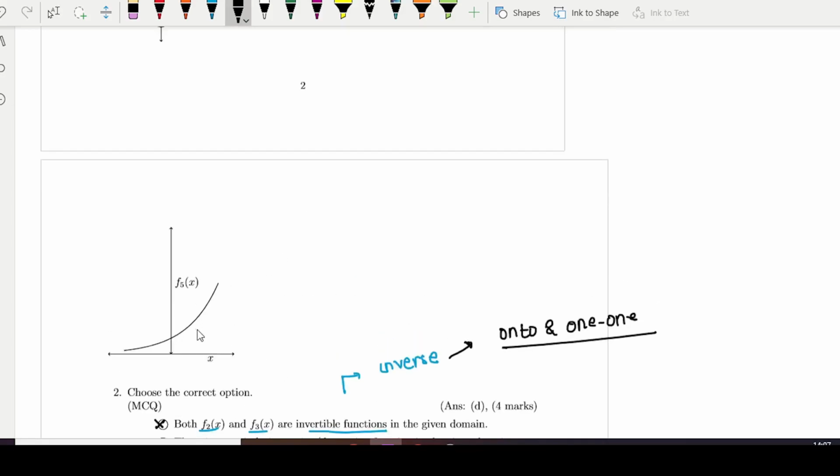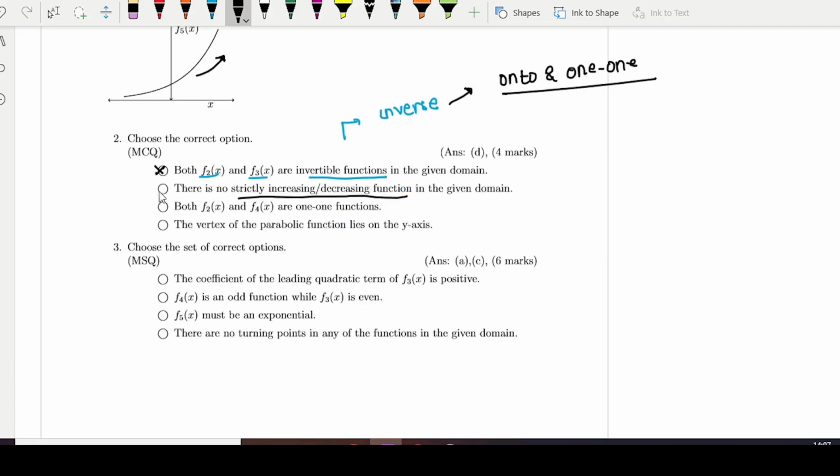So the function f5 seems strictly increasing and its concavity is concave. So the function f5 is strictly increasing.